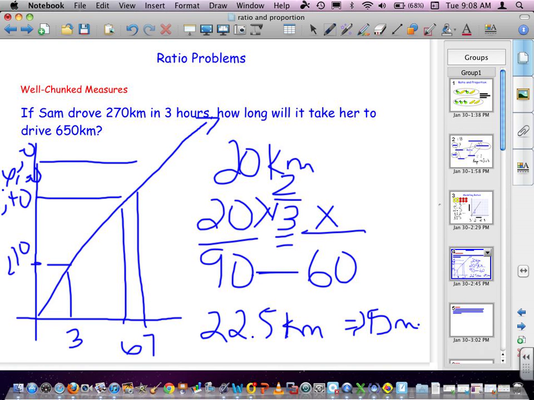20 times 2 is what? 40. Why are you not working? I'm having a lag issue here. Let me see if I can go over and type it.